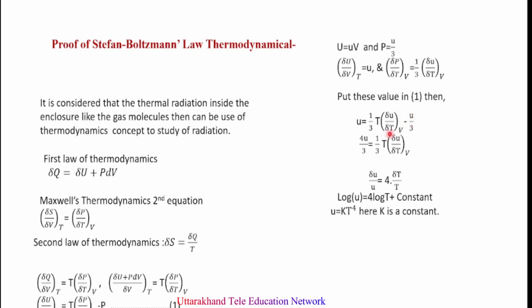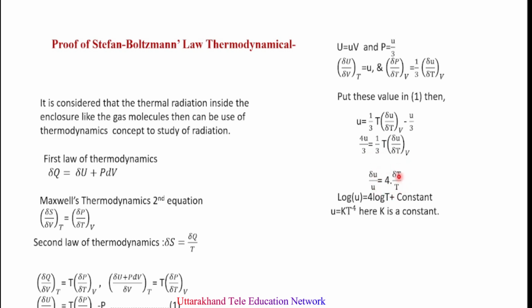Minus u by 3 comes on the left hand side, it becomes positive, and we add mathematically. It becomes 4u over 3 equal to 1/3 T del u over del T at constant volume V. Then mathematically the 3s cancel out, and rearranging this equation, we can write del u upon u is equal to 4 into del T upon T.